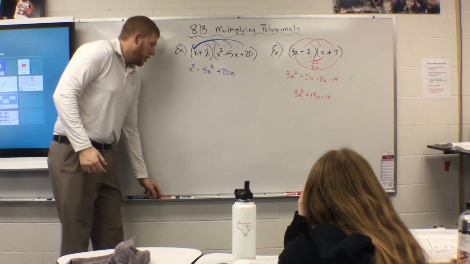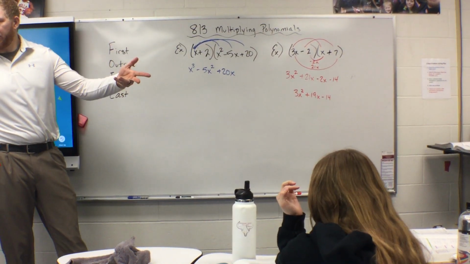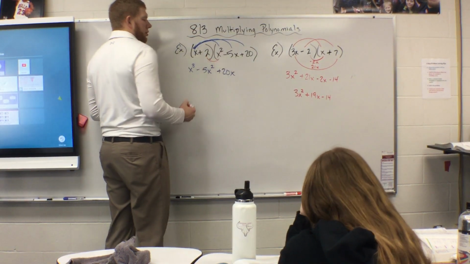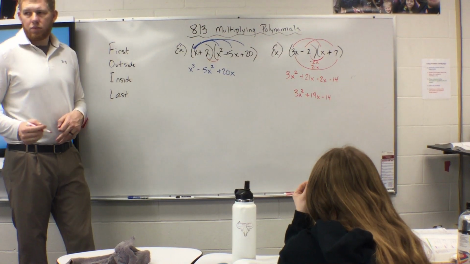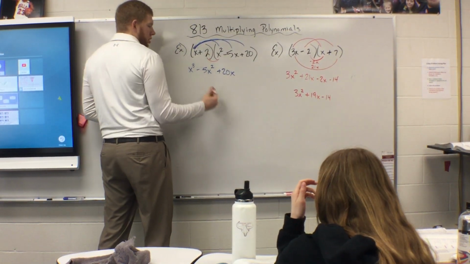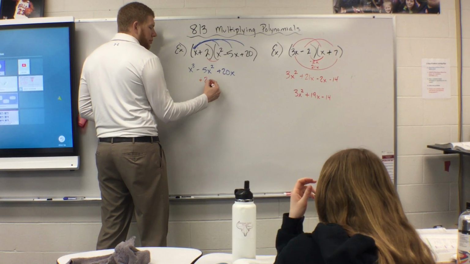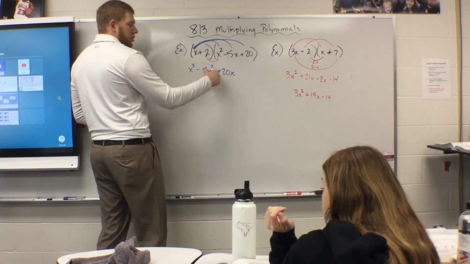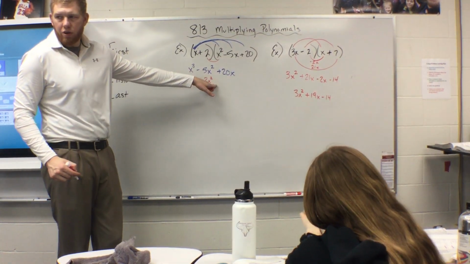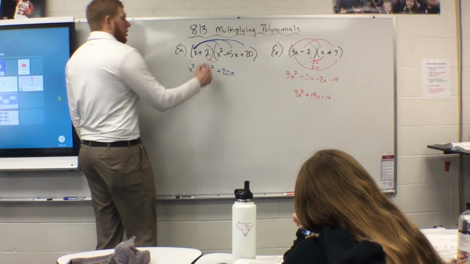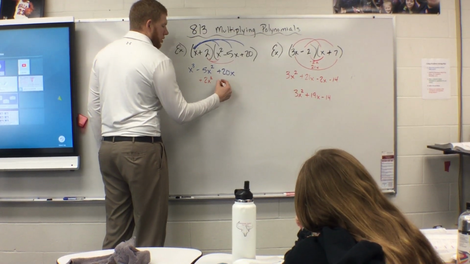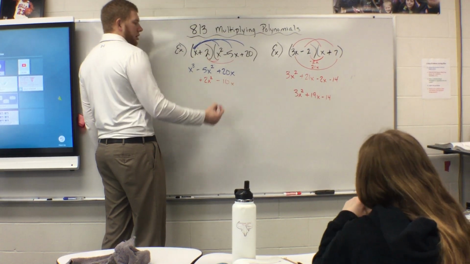Okay, now we gotta take 2 times everything. So 2 times x squared is 2x squared. Now, you can write that over here if you want. I like using the vertical method because notice those are like terms, right? So I can combine negative 5x squared and 2x squared when I start simplifying. Then 2 times negative 5x is negative 10x.